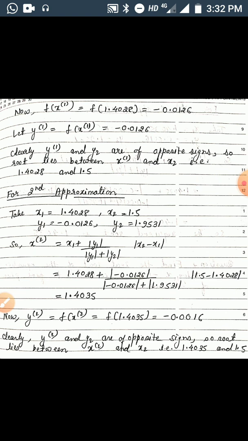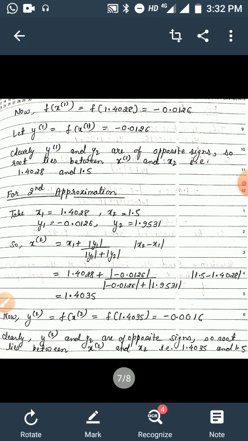Now again we will find the value of f(1.4035) and name it as y superscript (2). So y superscript (2) is equal to f(x2) is equal to f(1.4035). The final value is minus 0.0016. So again it is negative and y2 is positive.